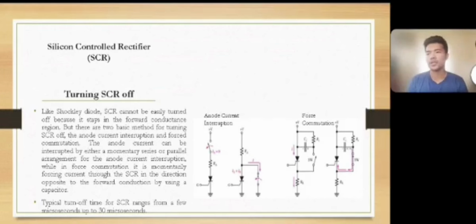In the anode current interruption, a momentary series or parallel arrangement in the circuit can be made to divert the flow of current, which weakens the flow of current in the SCR, lowering its current level to a certain amount, which will then trigger it to be in the forward blocking region.